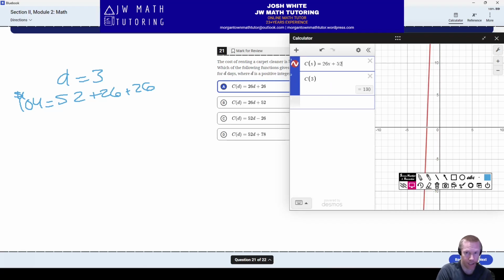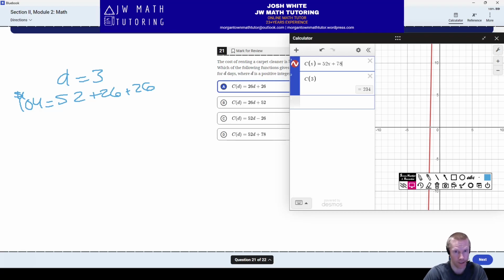Now, when I check B, notice the answer is 130, so it is no. When I check C, I get 130 again, not 104, so the answer is no. And then lastly, when I check D, I get 234. That is not 104. So this is just an alternate way you could do it.